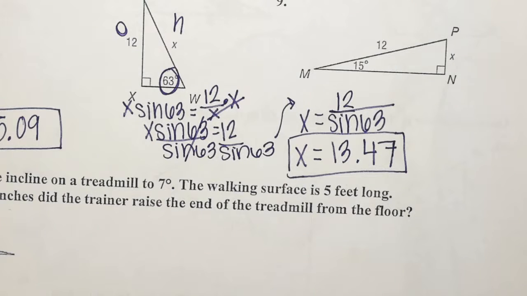And I made you take all those steps just to prove to you that x is equal to 12 divided by sine of 63. I just want you to see that that's true. Well, if you see that x is down low, ever again, don't take all those steps. Just switch them. It works every time.